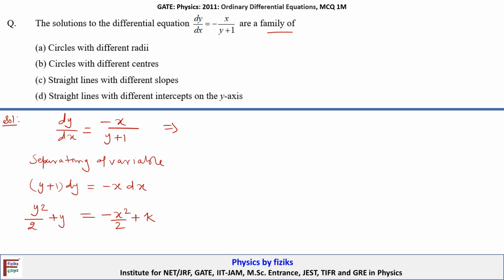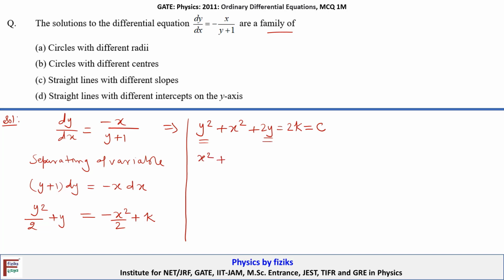Now on multiplying both sides by 2 and taking x square to the left hand side, we can write y square plus x square plus 2y equal to 2 times the arbitrary constant k, which can be written as a new arbitrary constant c.